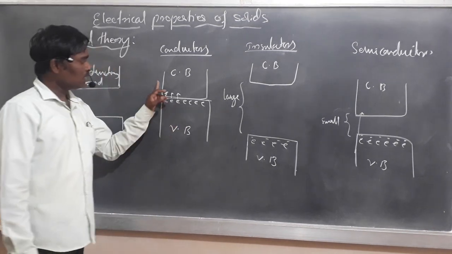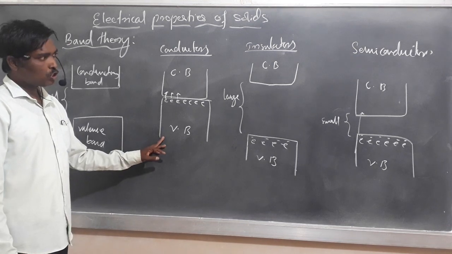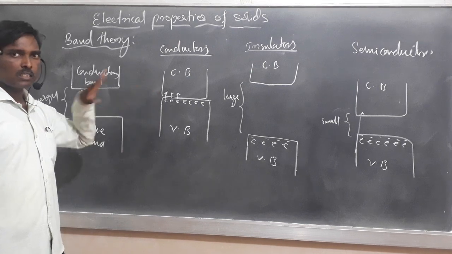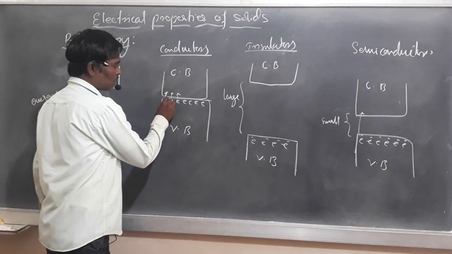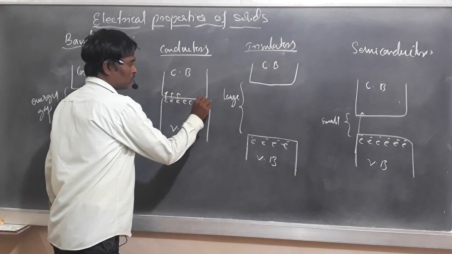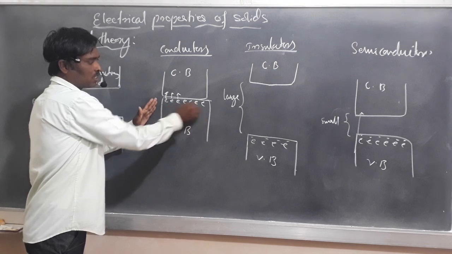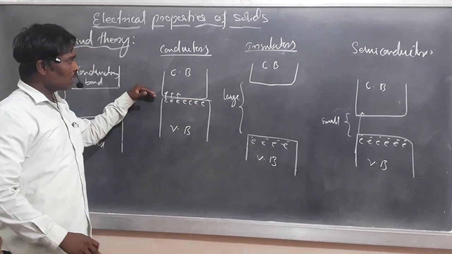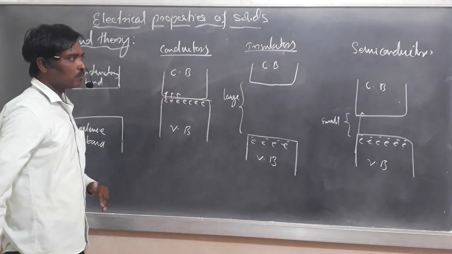Whereas in conductors, it is the reverse. If we increase the temperature of a conductor, its conductivity decreases. It is because the electrons are arranged in an order, and their movement from the valence band into the conduction band is also in an order, because the two bands overlap.